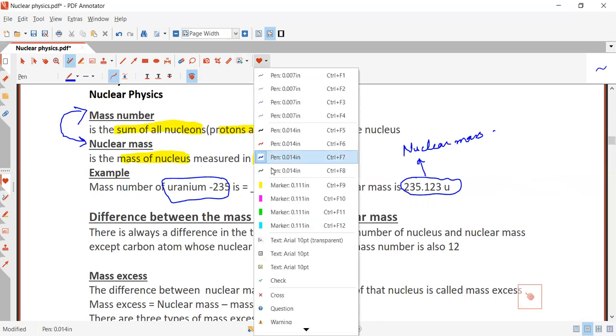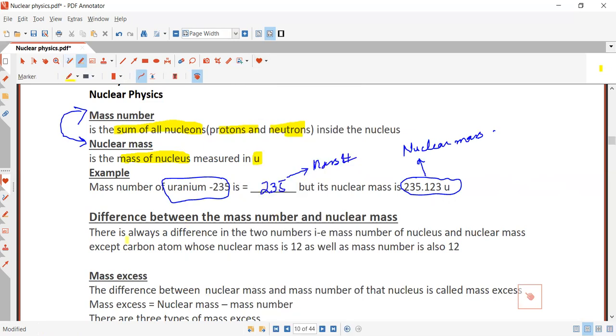So there is always a difference between the mass number of the nucleus and the nuclear mass, except for the carbon atom. For carbon, they are entirely equal: the nuclear mass is 12, as well as the mass number is 12, right?